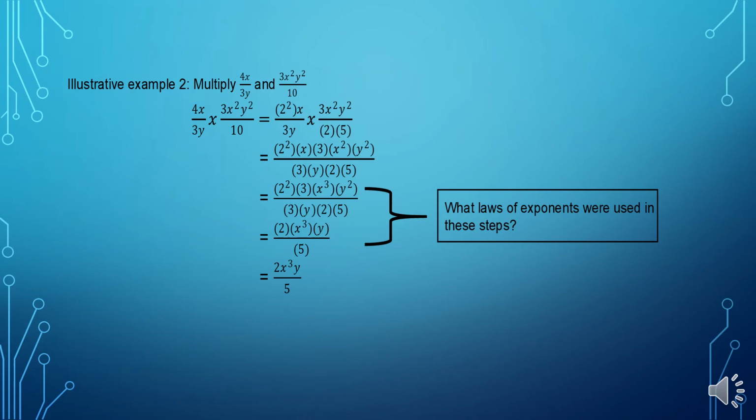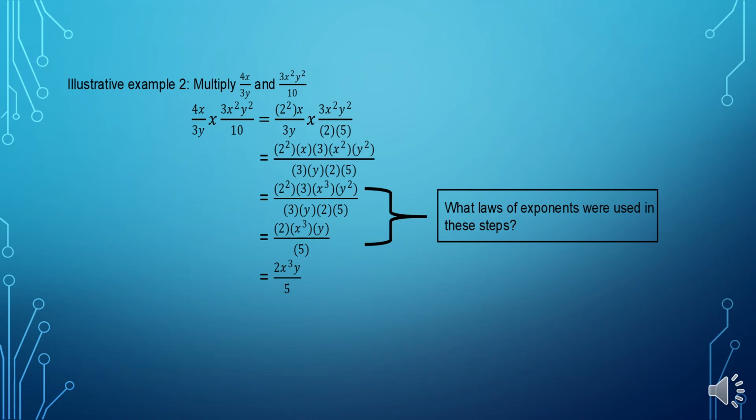So 4x, we can simplify it into 2 raised to 2 multiplied by x, and then over 3y times, since 3 is already a prime factor, then we will not touch it. Meanwhile, the 10, we can still simplify it. So we have 2 times 5.